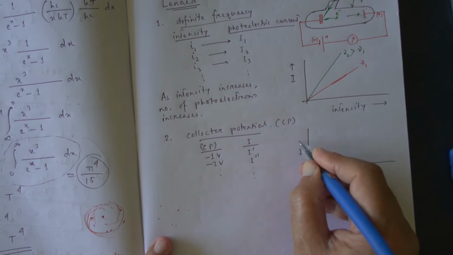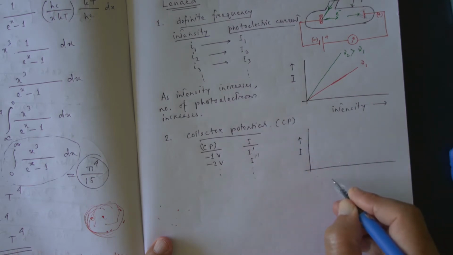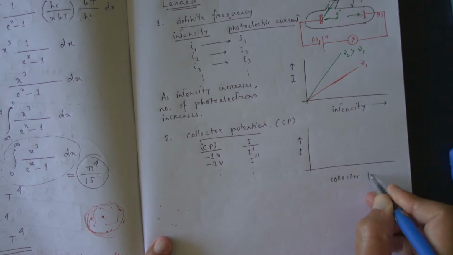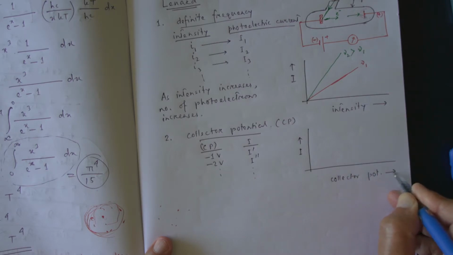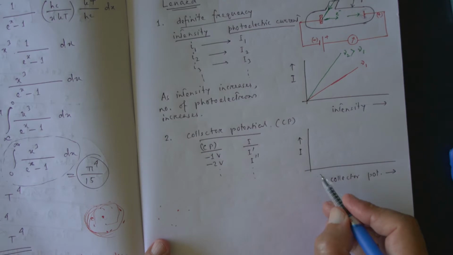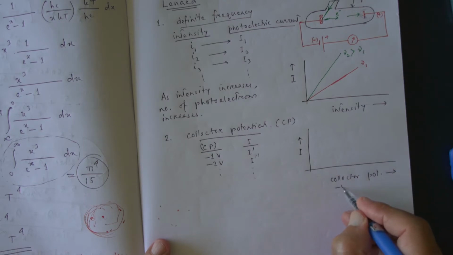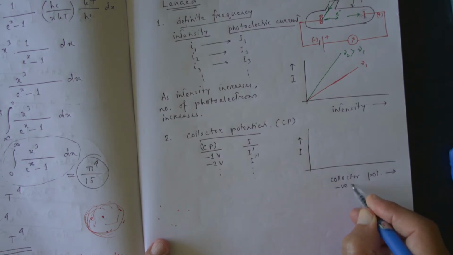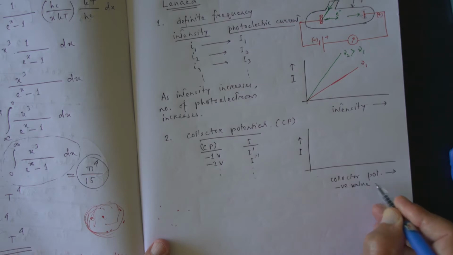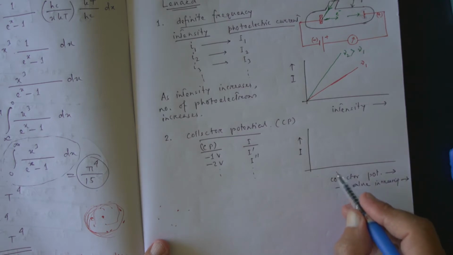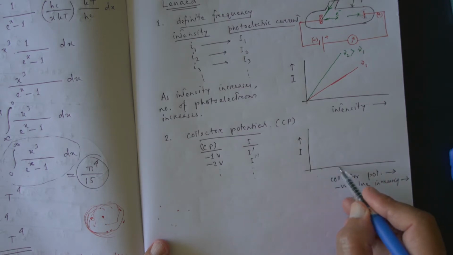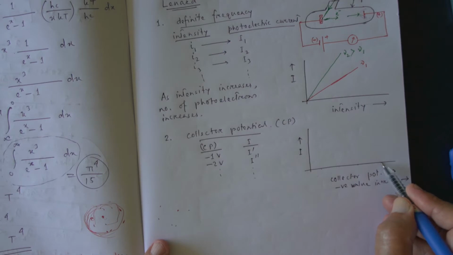Photoelectric current versus collector potential. Now this is -1, so negative value increasing this way, say -1, -2, -3, -4, like that.